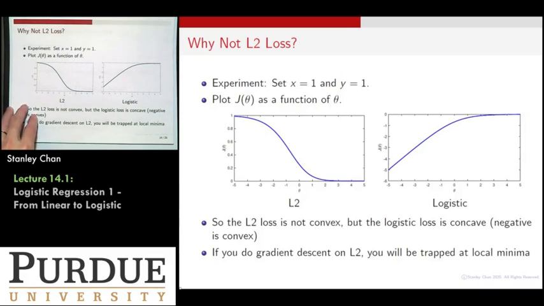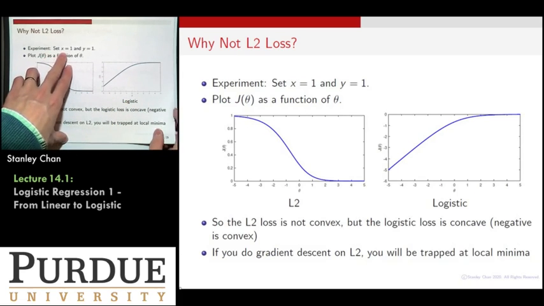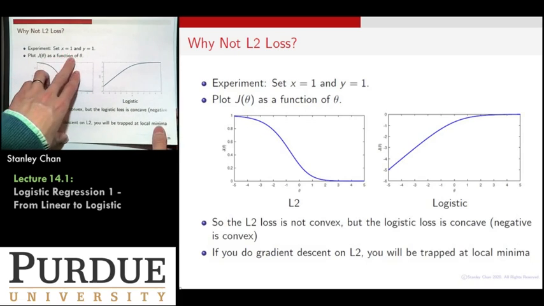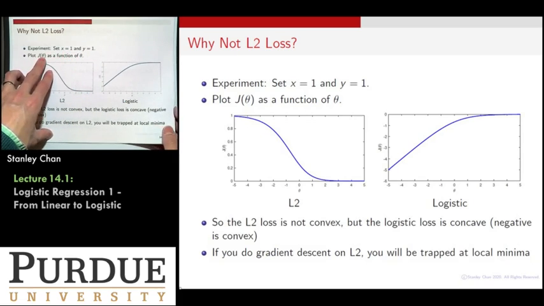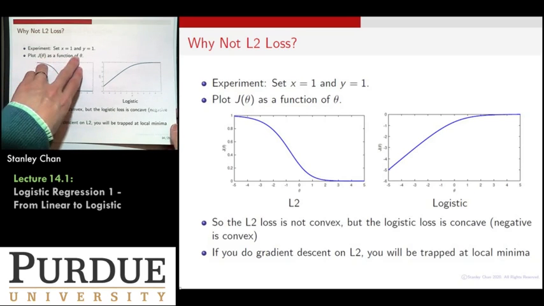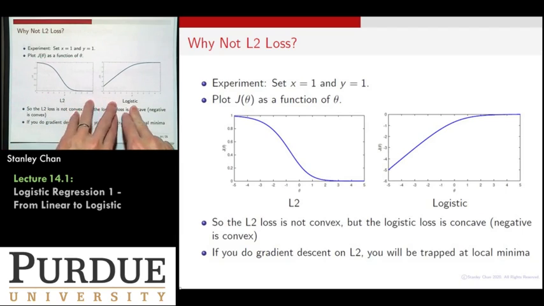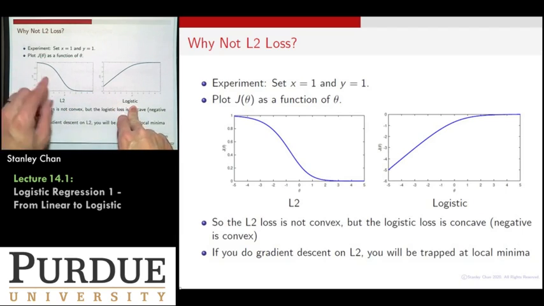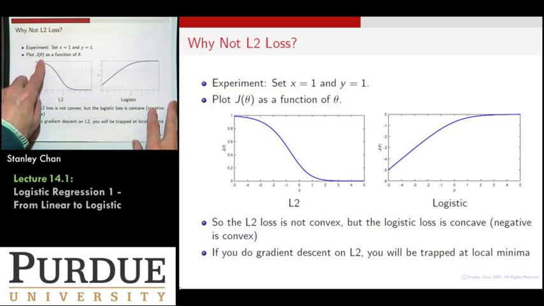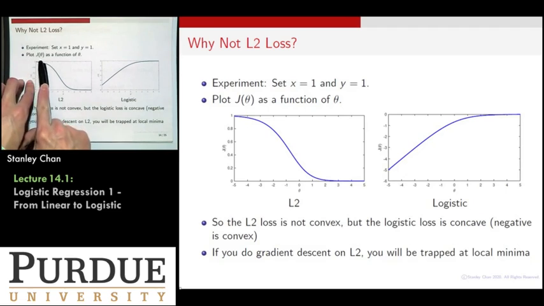All right. So here is an experiment with your loss function. I'm setting x equal to 1, y equal to 1, and I'm plotting your loss function as a function of theta. This is the L2 loss function. This is the logistic loss function. You can see that this L2 loss function is concave for all the values before 0, and then it's convex after that.